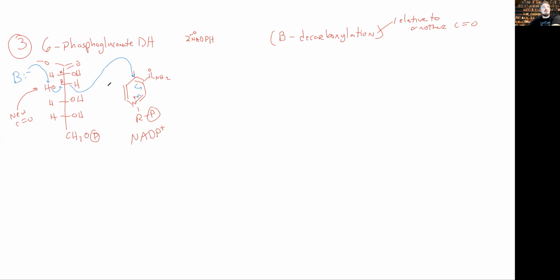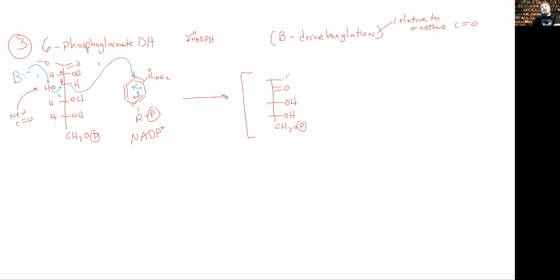So we're going to have 1, 2, 3, 4, 5 electron pushes here. All right, so what we're going to get here is a transient form of our molecule. All right, there we go.